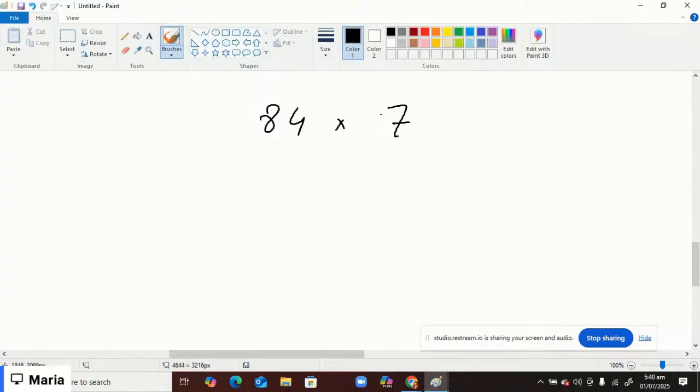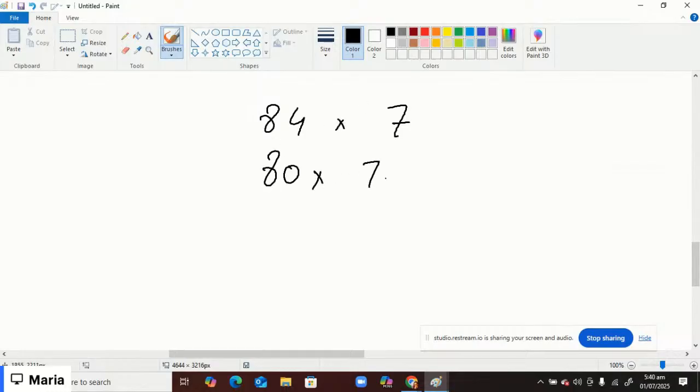Just check the first digit, not the second digit. If the digit is less than 5, round down. If the digit is greater than 5, then round up. This is 84. 4 is less than 5, so it can be rounded down. So 84 can be changed into 80.